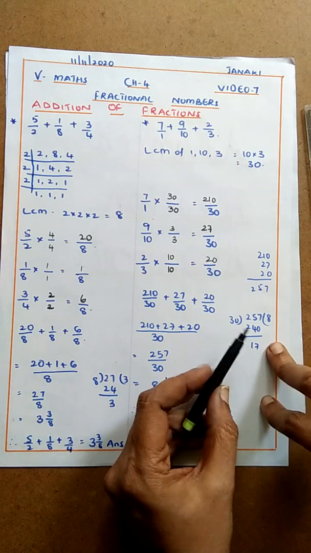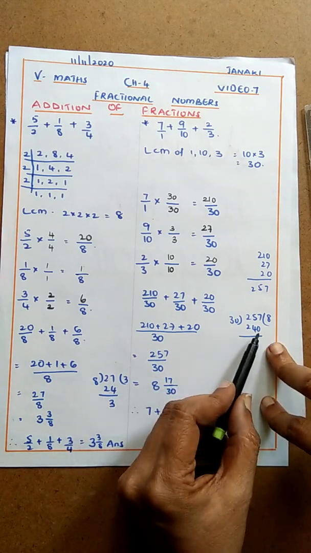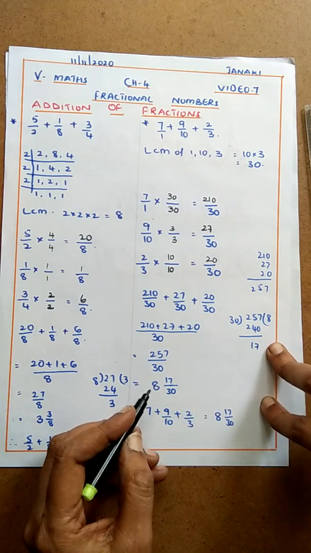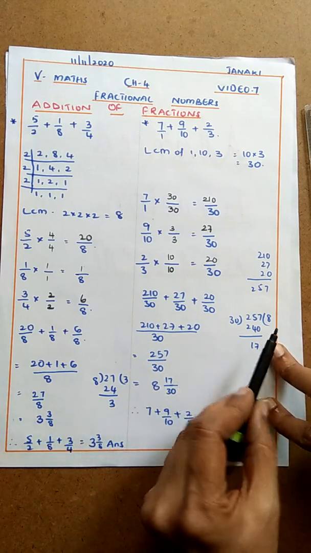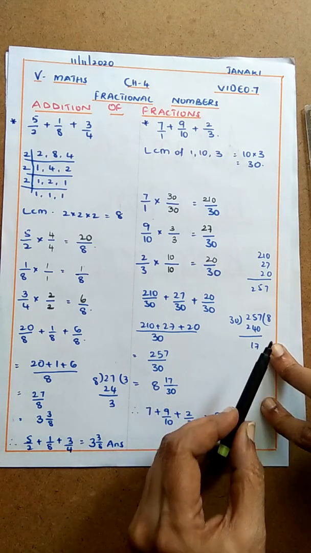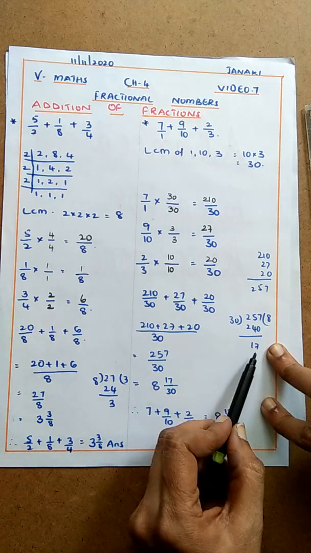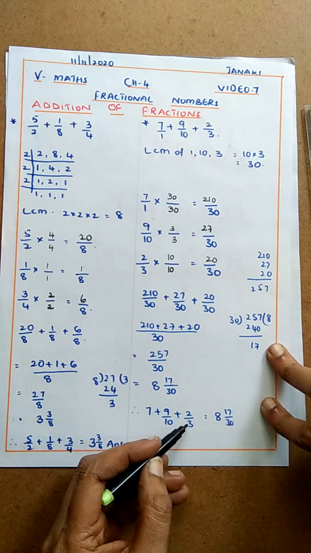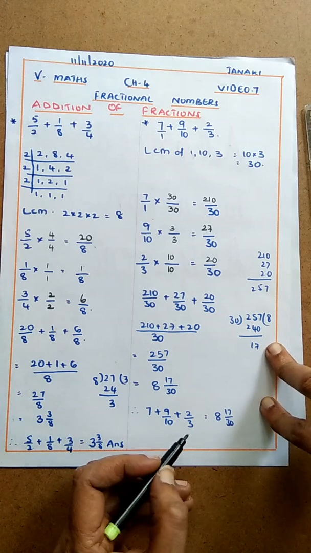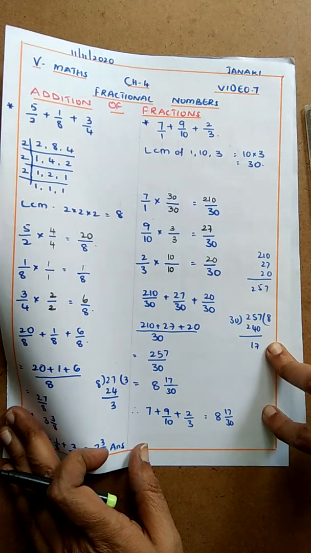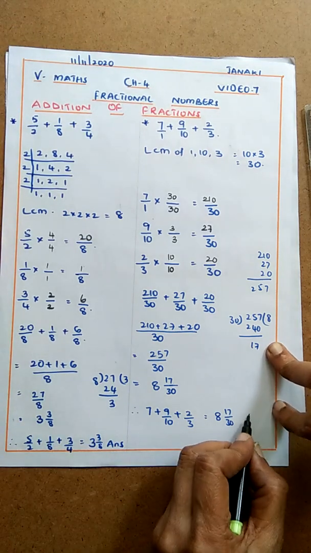So 30 goes 8 times, 240, and the remainder is 17. So you got a mixed fraction: the quotient 8 is the whole number, and 17 by 30. So 7 plus 9 by 10 plus 2 by 3, when added, you got 8 17 by 30. This is your answer.